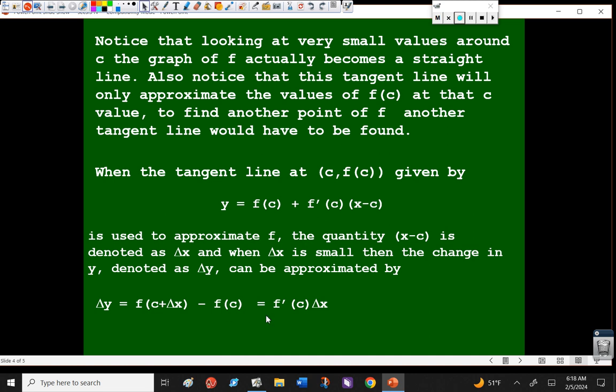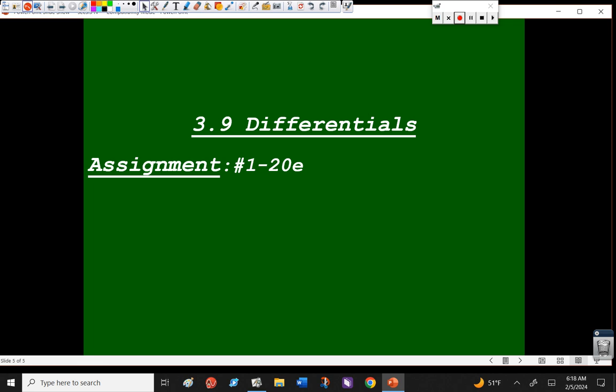Well, what they've done here is multiply both sides by delta x, and we got the derivative of the function at c times delta x. This is what we're breaking down. They call these the differentials. Delta x and delta y are the differentials. And that's it.